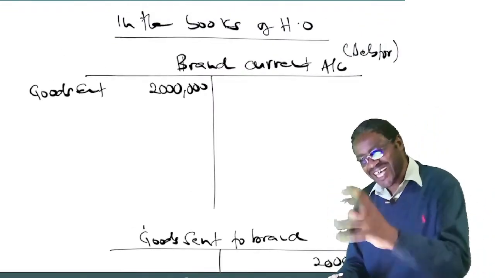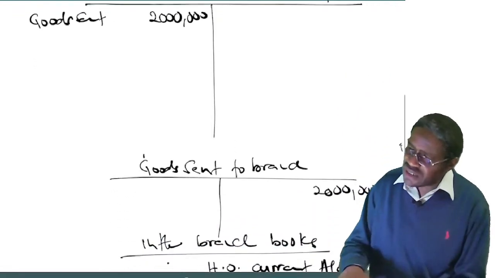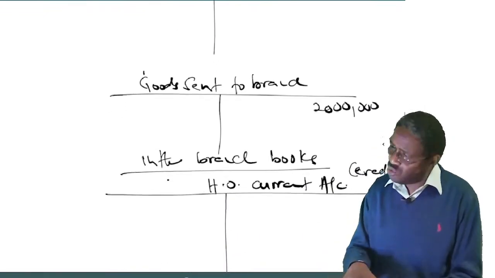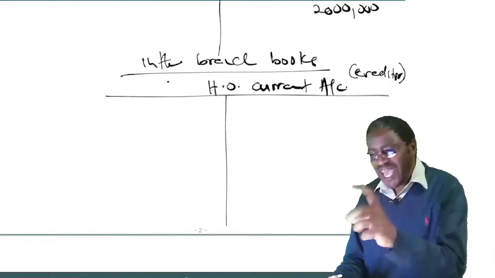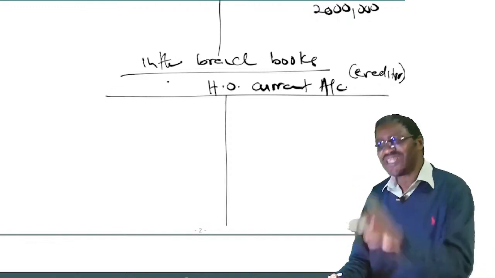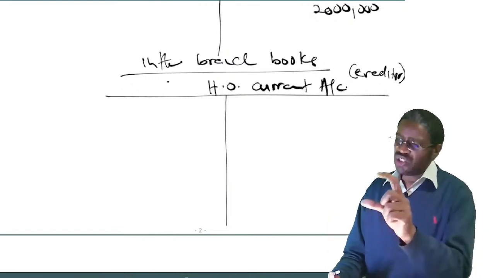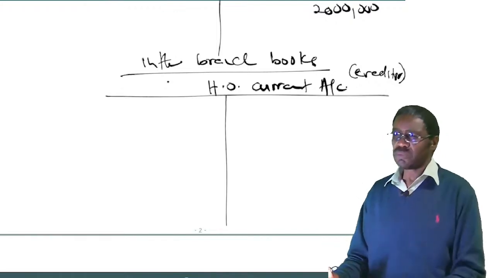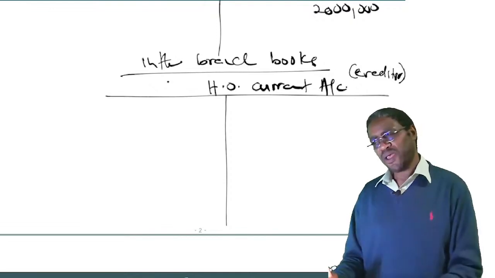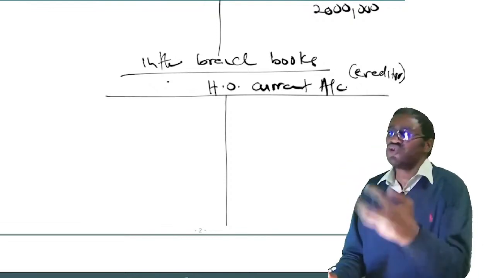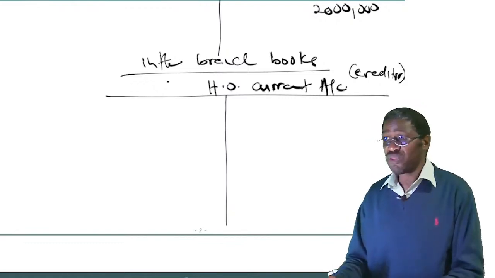In other words, it's like a debtor to you. On the other hand, when the branch receives the goods, we have agreed that they are going to say they owe you that amount. So to the branch, you are like a creditor. So you as a branch, when you receive the goods from the head office, you need to increase what you owe to the head office.